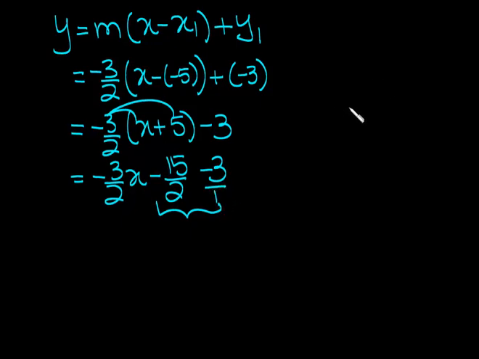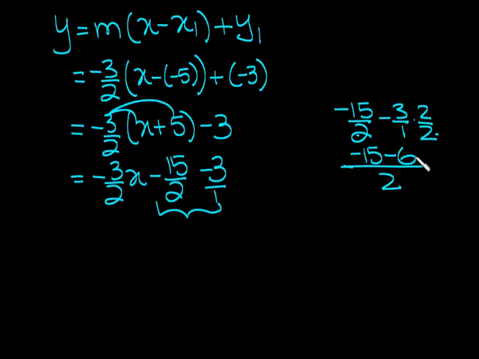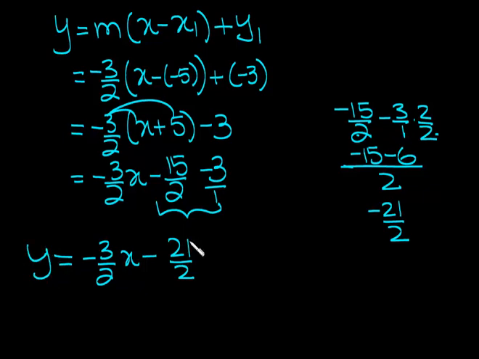The common denominator is 2, so you get negative 15 over 2 minus 3 over 1 times 2 over 2. So the denominator is the same, 2. So we get negative 15 minus 6 on the top. So we end up with negative 21 over 2. So we get negative 3 halves x minus 21 over 2. So there's the answer to that.